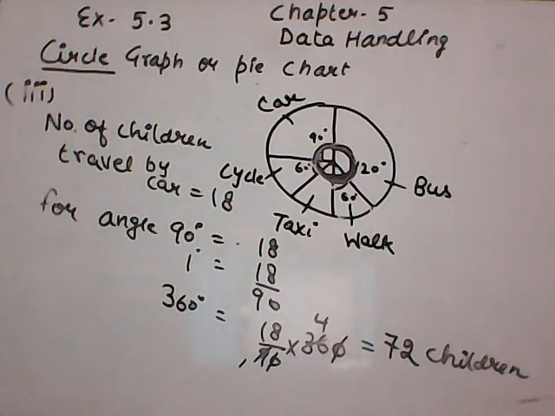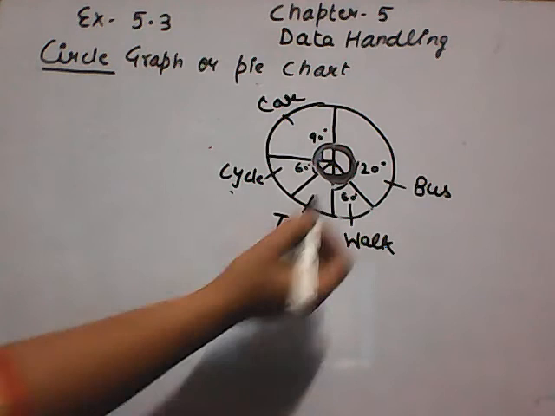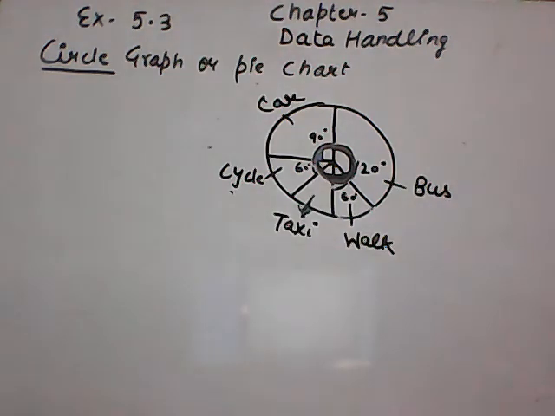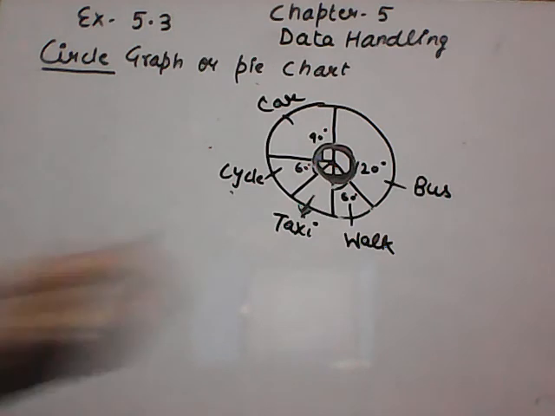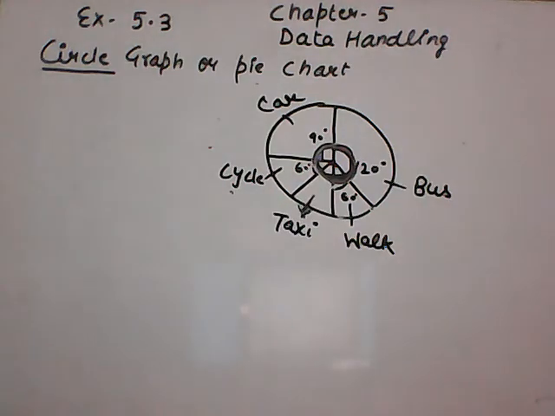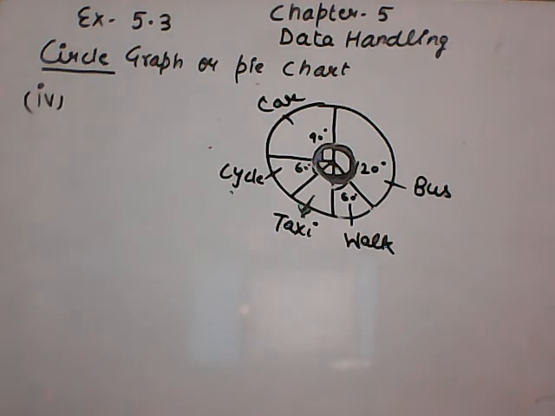In the next part you have to find out how many children travel by taxi. It can be found from the central angle of children who use taxi to travel to school.